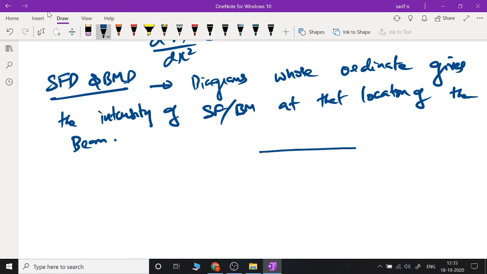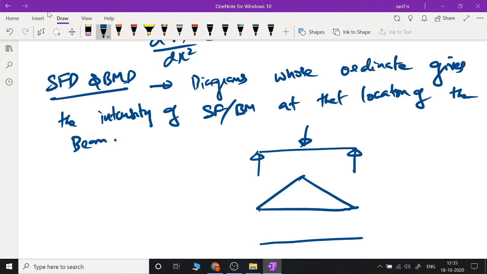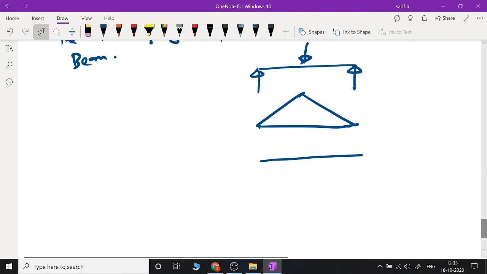For example, let us say we have a beam subjected to a concentrated load, okay, and the bending moment diagram is drawn like this, and the shear force diagram looks something like this. Okay, so this will be the shear force diagram.